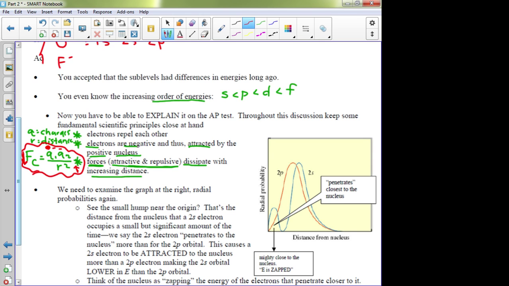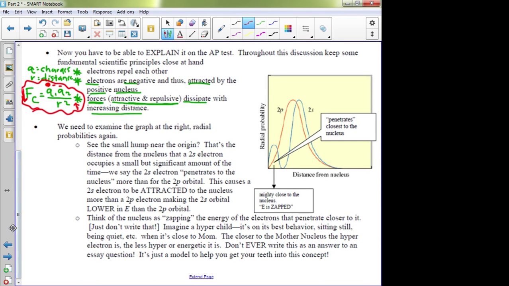What you need to remember is all I'm looking at is how distance is affecting force. Don't worry about your charges. Just know that if it's a negative and a positive, I'm dealing with an attractive force, whereas if it's two negatives or two positives, I'm dealing with a repulsive force. Got that? You're with me?